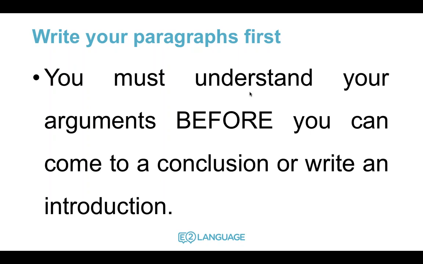Okay? But if you plan first and you do your for and you do your against, you know what your paragraph 1 is, you know what your paragraph 2 is, and you can look at the two arguments and see which one is stronger. Only when you know which argument is stronger, for example, are ebooks better than paper-based books, then you can write your conclusion, and then you can write your introduction.